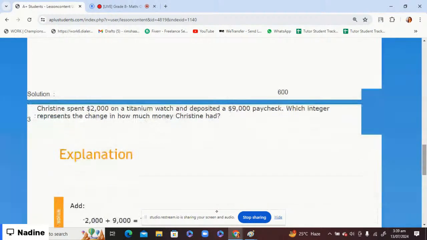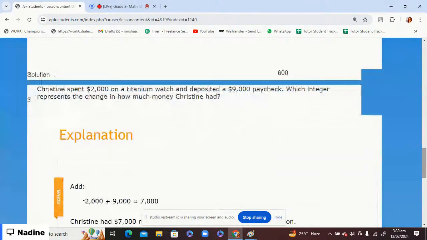Look at this one. Kristen spends 2000 on a titanium watch and deposited a 9000 paycheck. Which integers represent the change in how much Kristen had? So basically, how much the titanium watch was, 2000, and how much she deposited, basically 9000.